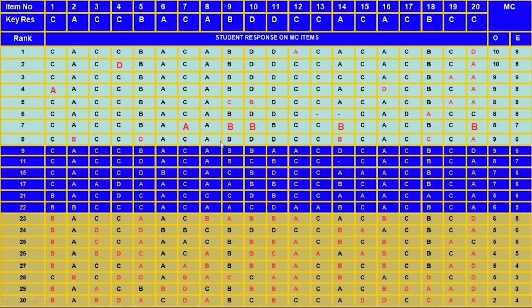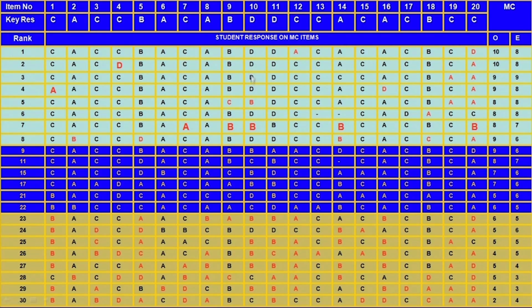If you look at, say, student number 7, he's got item number 7 wrong. The correct answer should have been C, is marked A. This should have been B. Sorry, this is a mistake of mine. He is not wrong, he is right. B is the right answer. He's given it right, but I have marked it wrongly.